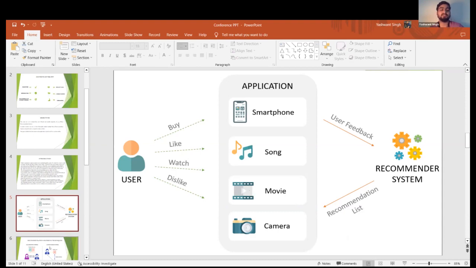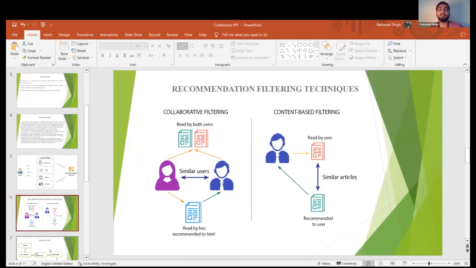The basic model of any recommendation system consists of two techniques. One is collaborative filtering, and the next one is content-based filtering.